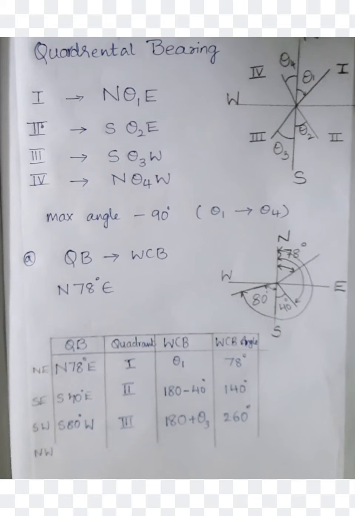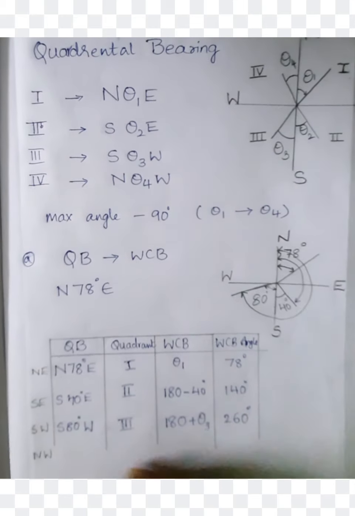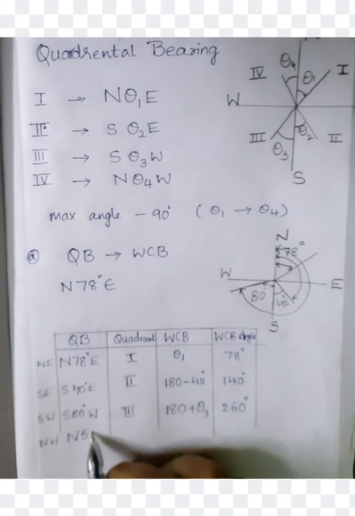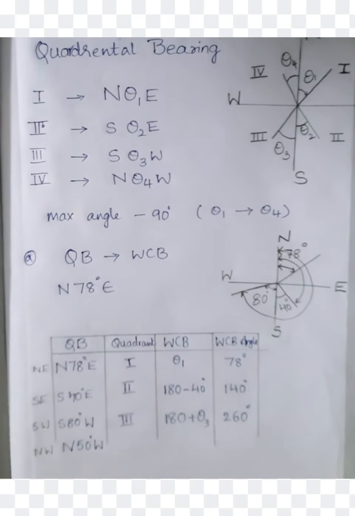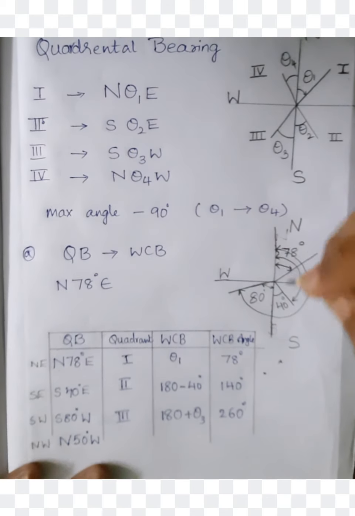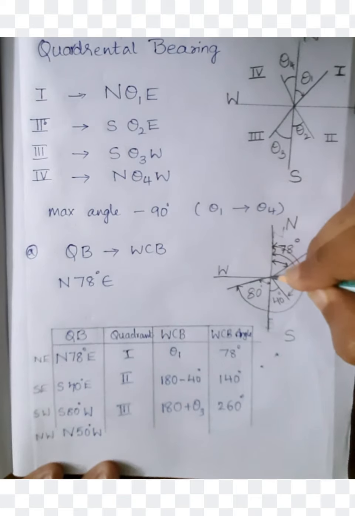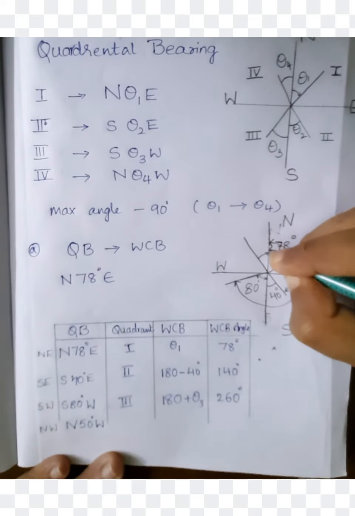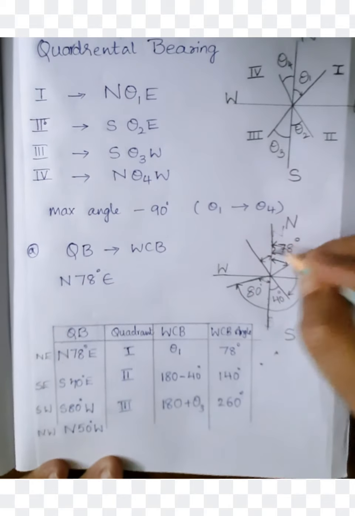Now coming to the last quadrant, the fourth quadrant. I have taken an angle in the fourth quadrant: north 50 degrees west. So this angle is 50 degrees.